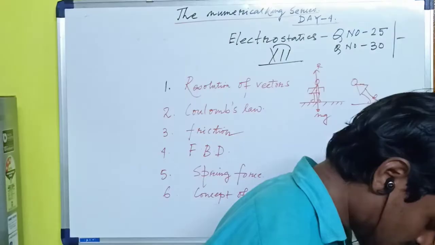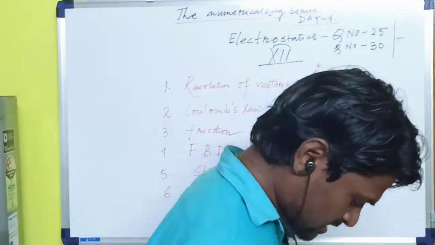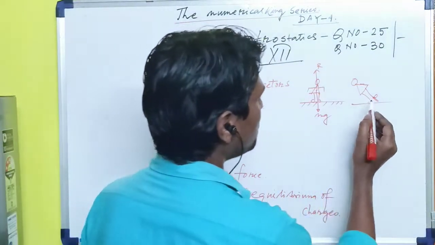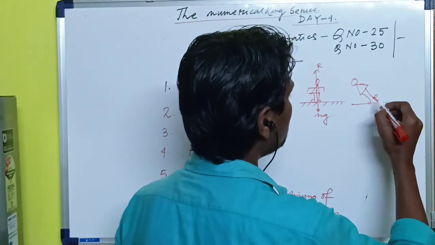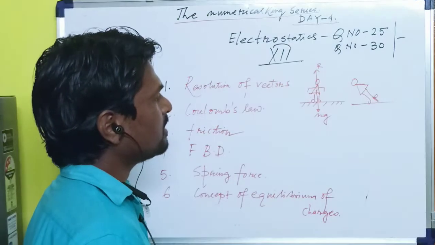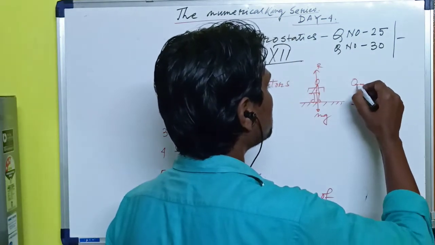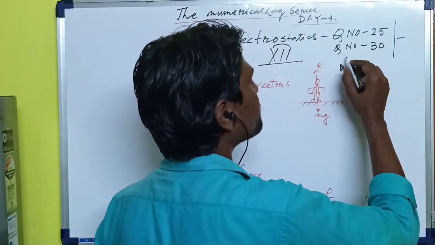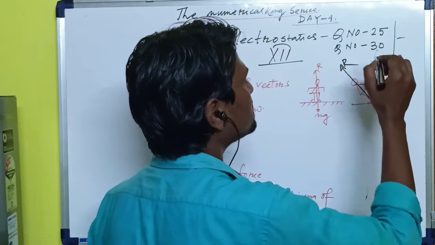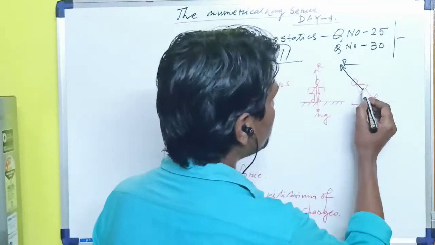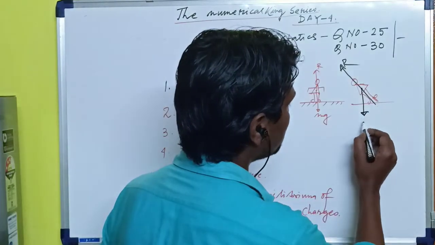If I tilt like that and press my fingers on the ground, the ground gives a reaction force along this particular direction, but mg is always along the downward direction.